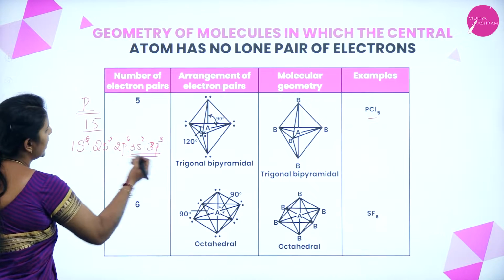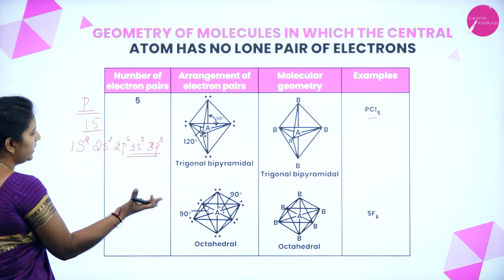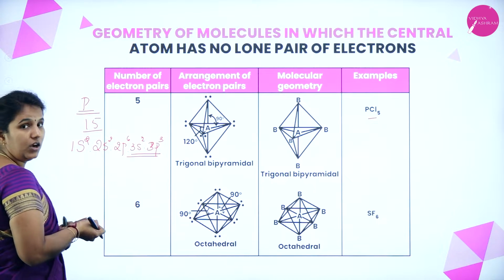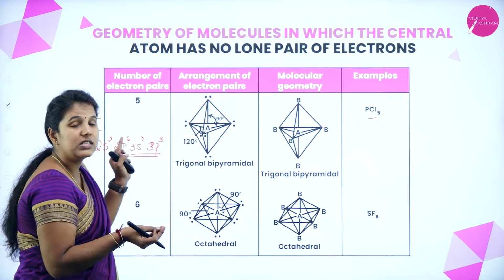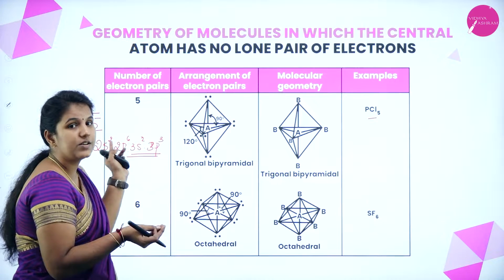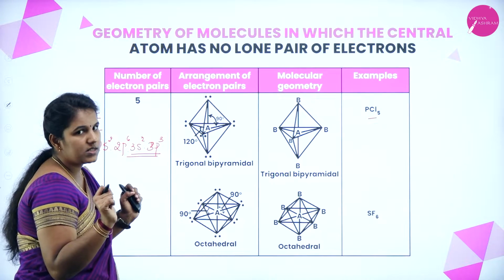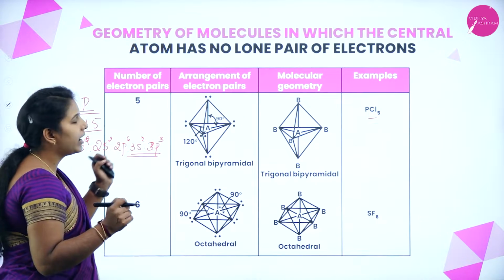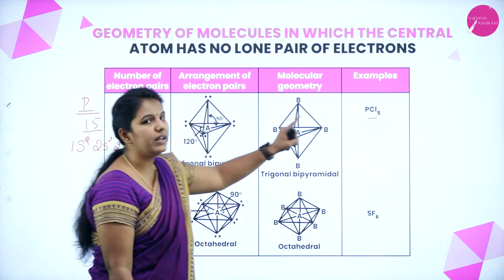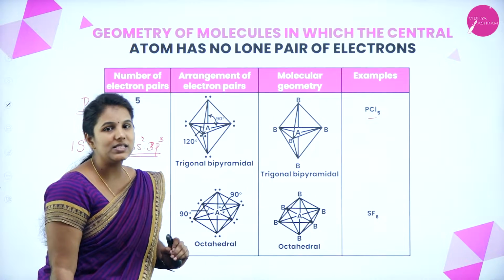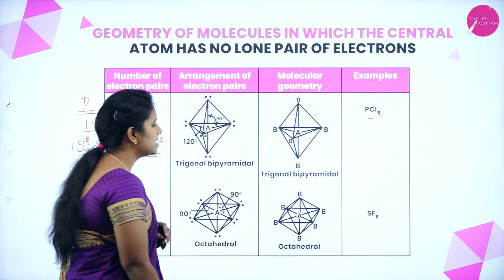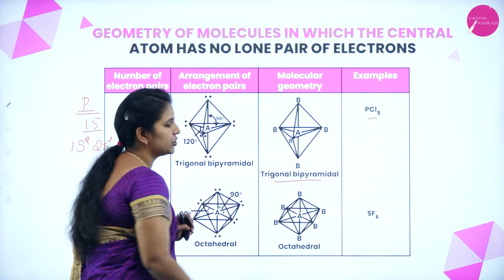So this indicates that in the last shell there are 5 electrons, and hence the valence of phosphorus will be 5. Is it right? Hence all these 5 unpaired electrons get paired up with single chlorine atoms and form a PCl5 structure, and it has a trigonal bipyramidal shape.